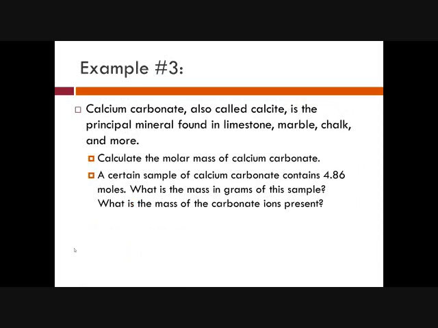Okay, so for example 3, calcium carbonate, which is also called calcite, is the principal mineral found in limestone, marble, chalk, and more. We are going to first calculate the molar mass of calcium carbonate, and then we're going to find the mass of the grams of calcium carbonate and the mass of just the carbonate ions present. So that's something different that we haven't done in Chem 1 before.